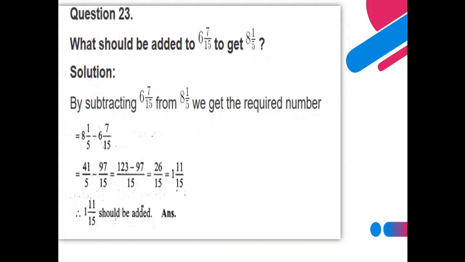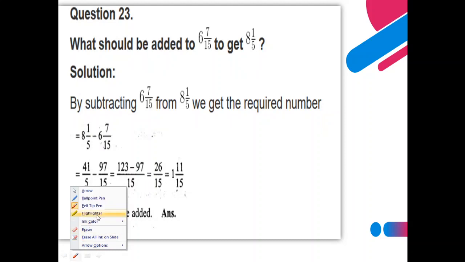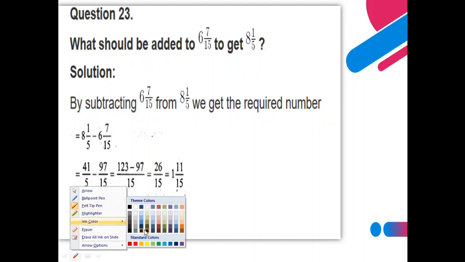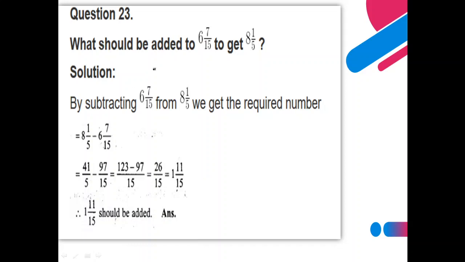Now next question, 23. What should be added to 6 7 upon 15 to get 8 1 upon 5? In these questions, by subtracting 6 7 upon 15 from 8 1 upon 5, we get the required number. So here 8 1 upon 5 minus 6 7 upon 15, these are mixed fractions, we have to convert into improper.